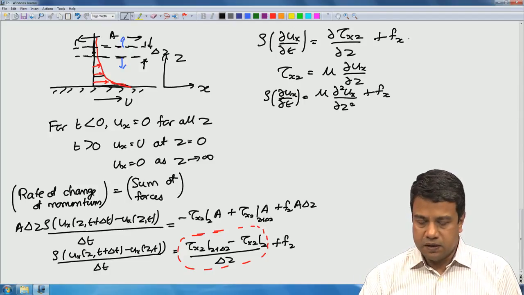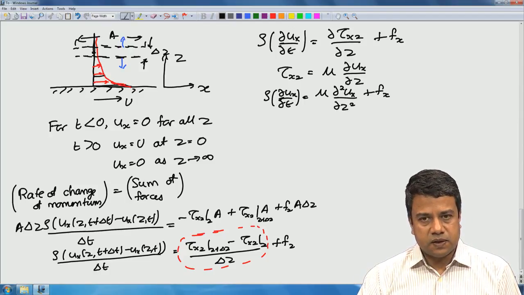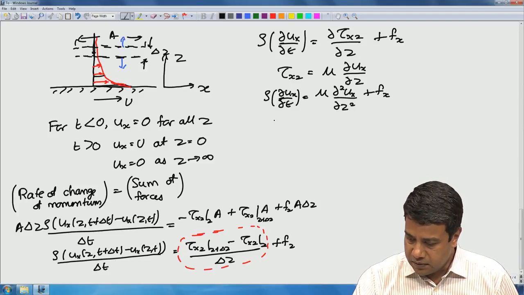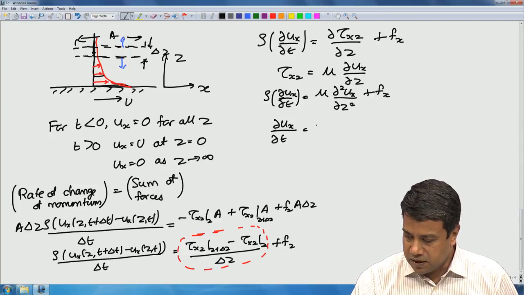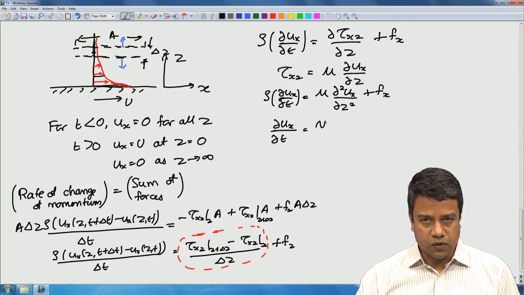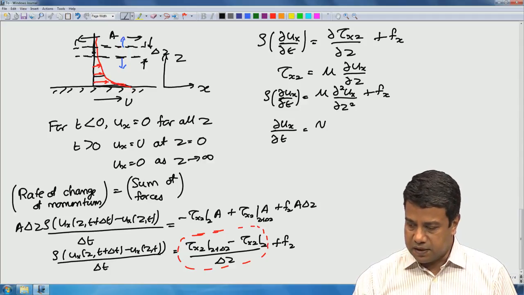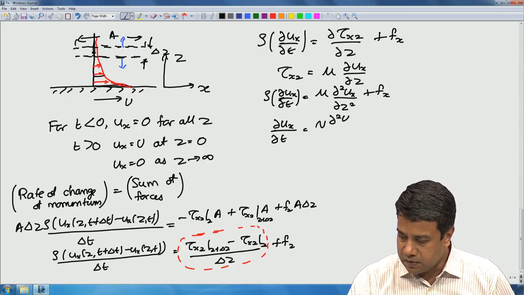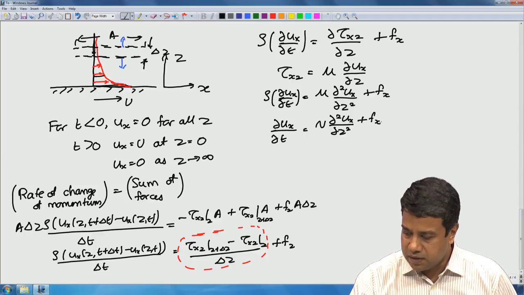So, this is the conservation equation. If I divide throughout by density, I will get partial ux by partial t is equal to the kinematic viscosity, mu by rho is the kinematic viscosity, times partial square ux by partial z square plus fx.